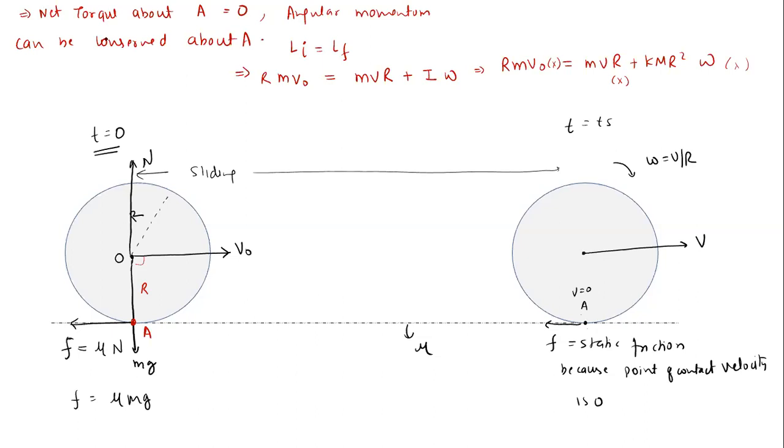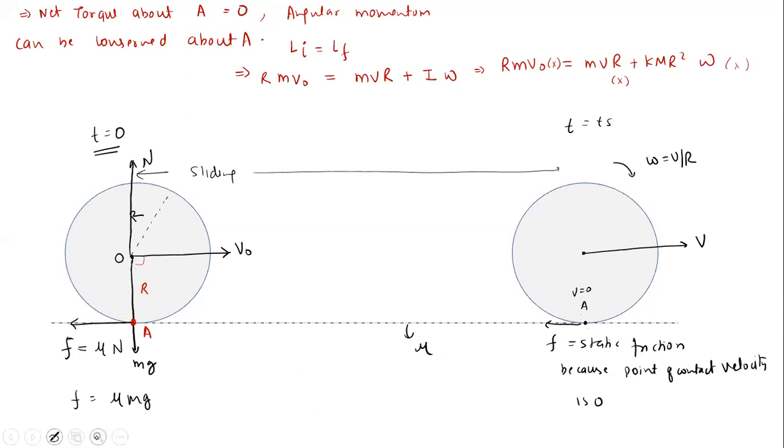Okay, how is net torque zero about point, not about O, about A it is zero? Because from point A we have the friction force which is going down. Then mg is also passing through A. Normal reaction is also passing through A. So there is no torque because all the forces are passing through this point A. That is why torque is zero.